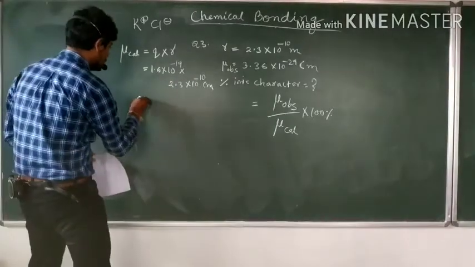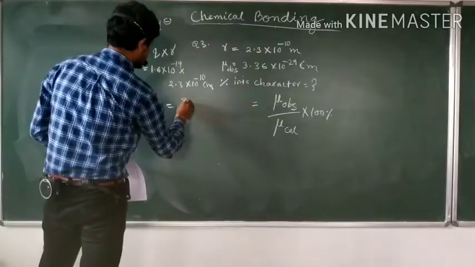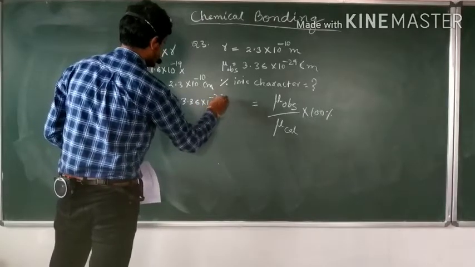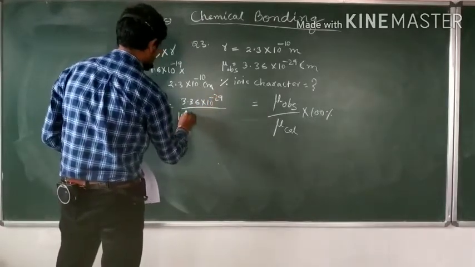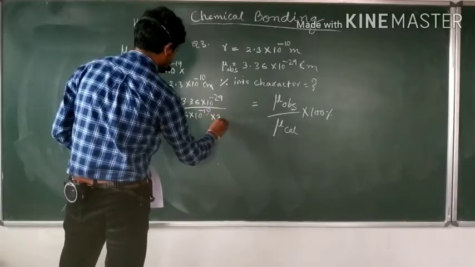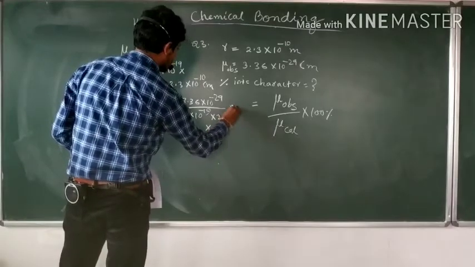That means percentage ionic character equals mu observed, 3.36 into 10 to the power minus 29, by 1.6 into 10 to the power minus 19 into 2.3 into 10 to the power minus 10, into 100%.